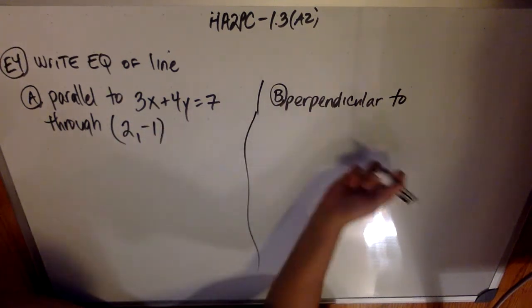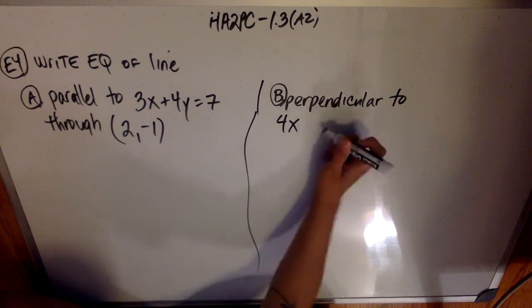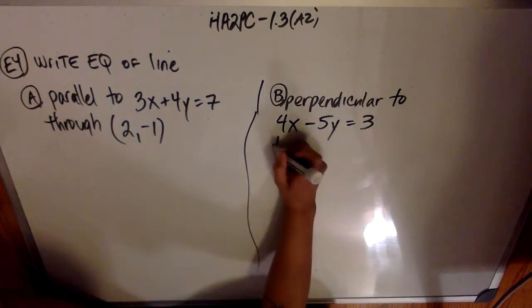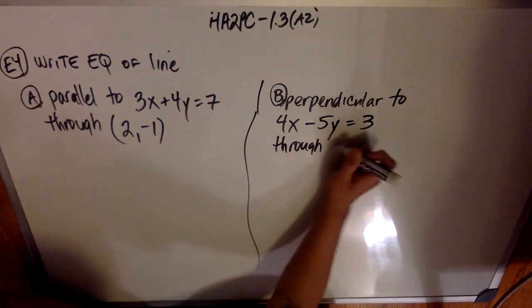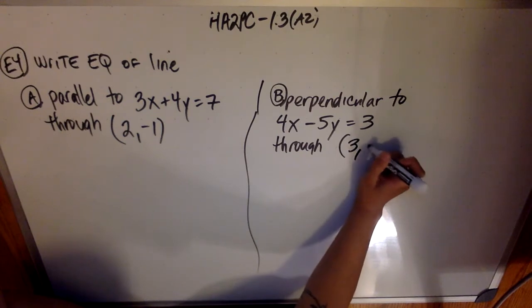And over here, we'll do perpendicular to 4x minus 5y equals 3, and we'll do through 3 comma negative 1.